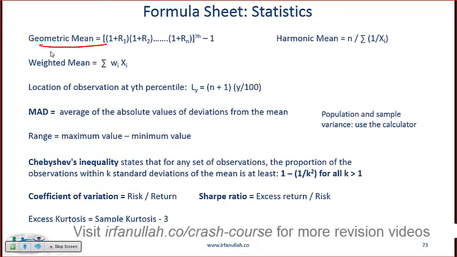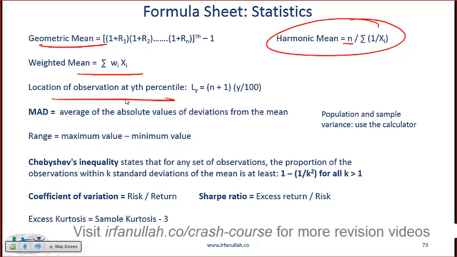Alright, then this is the geometric mean formula that you need to know. The harmonic mean, number of terms over the sum of the reciprocals. The weighted mean is straightforward. We've talked about the location of observations at the y-th percentile. I think everything else here is self-evident. Notice actually that there are not that many formulas to remember.